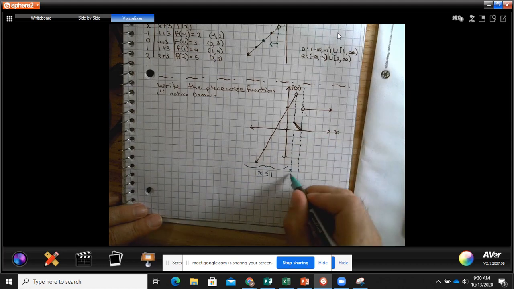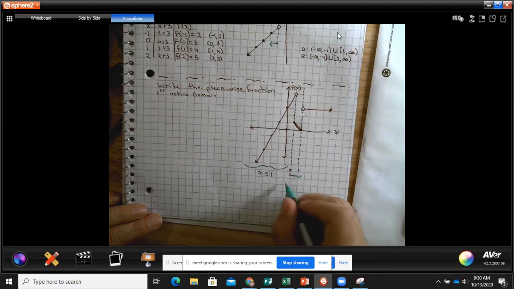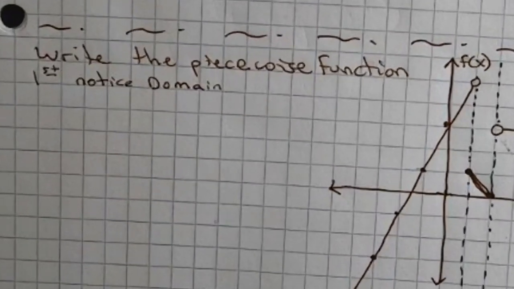And here we have the x values going from 1 to 2. 1 is less than or equal to x, and also x is less than or equal to 2.